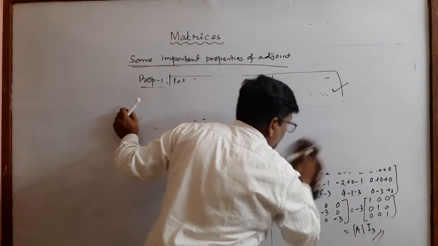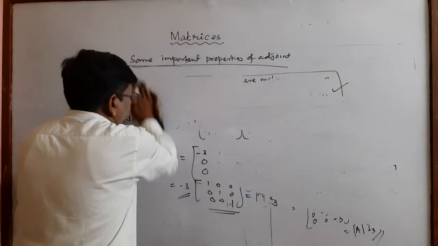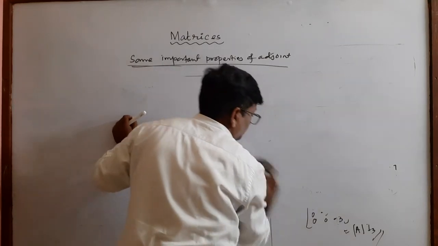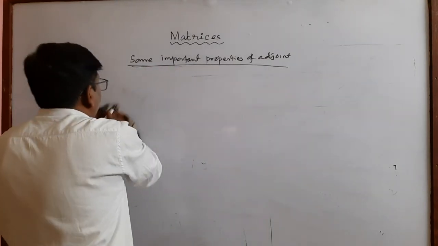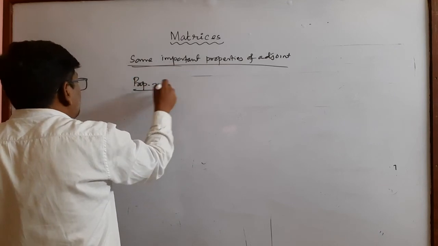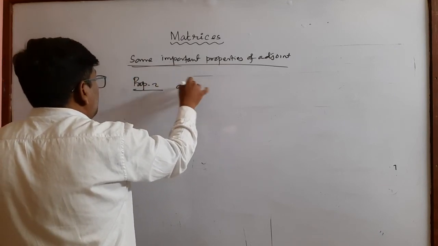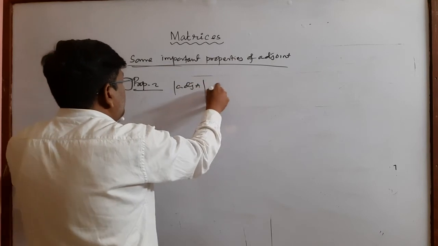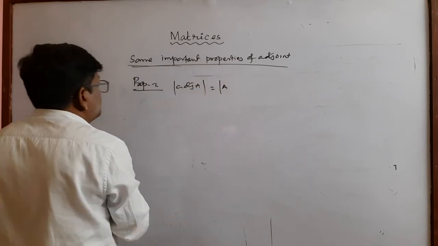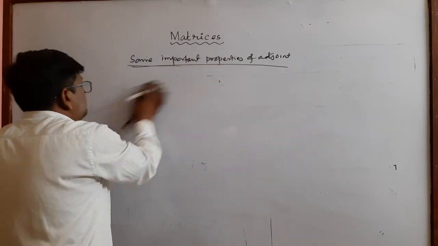Now property 2. The determinant of adjoint A is equal to the determinant of A to the power n minus 1, if A is a square matrix of order n. This is property 2.